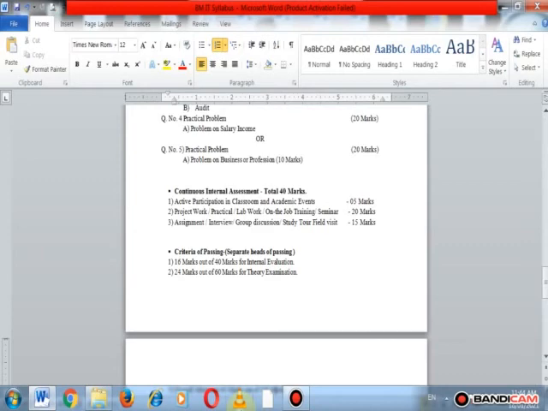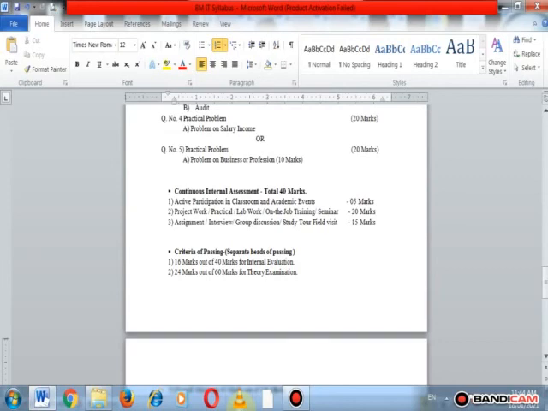Okay, criteria of passing. Here the criteria of passing has separate heads of passing. First, 16 marks out of 40 marks for internal evaluation. If students get 16 marks out of 40 marks for internal evaluation, then they can qualify this examination.